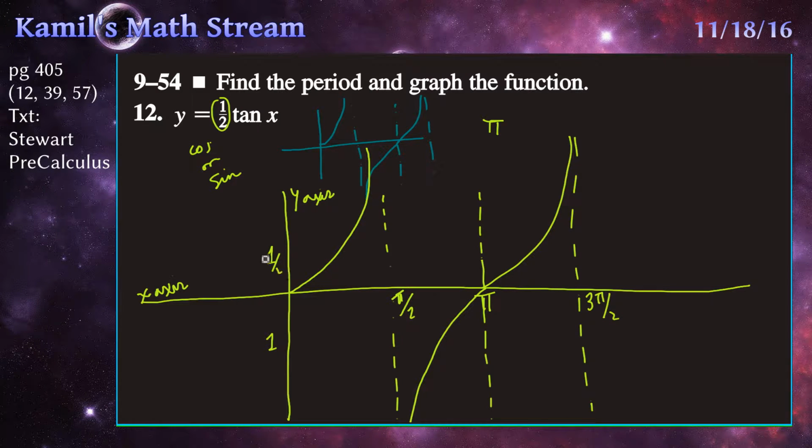Let's do half. 1 over 2, 1 over 2, this is negative. Actually, it should look something like that. This should be 1/2. It should be negative 1/2.